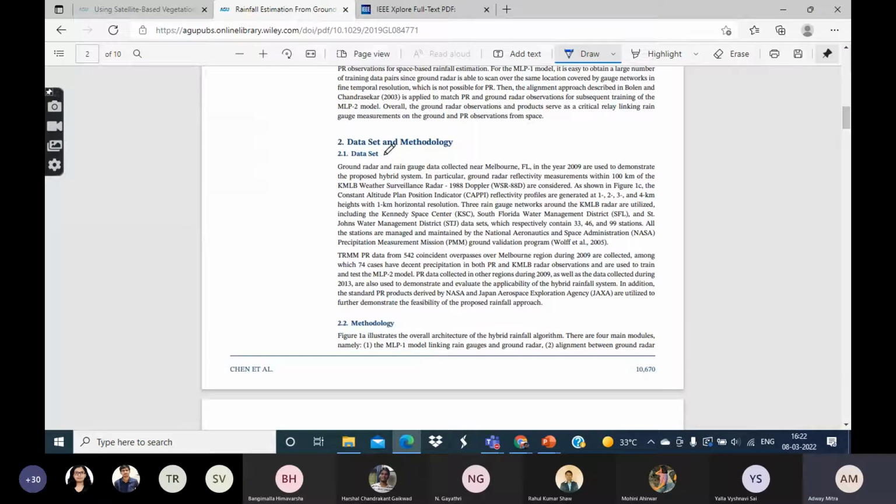The data set is ground radar and rain gauge data collected near Melbourne in Florida in the year 2009. In particular, the ground radar reflectivity measurements within 100 kilometers of a particular weather surveillance radar are considered. Now, three rain gauge networks around the radar are utilized.